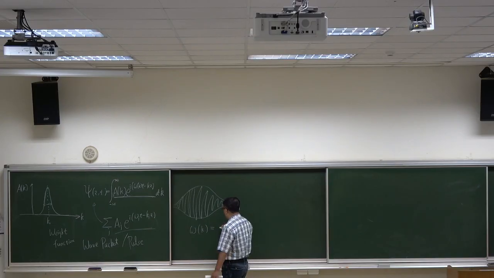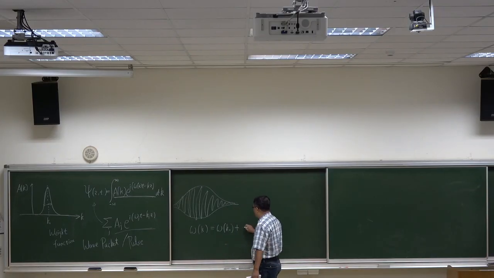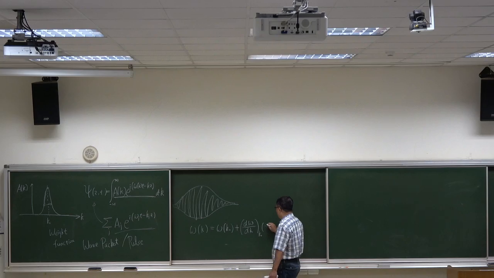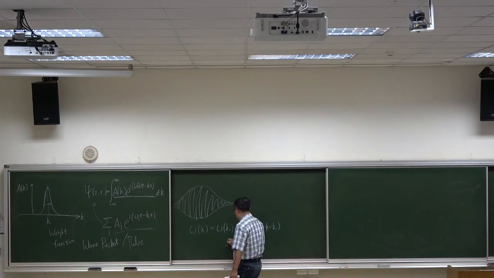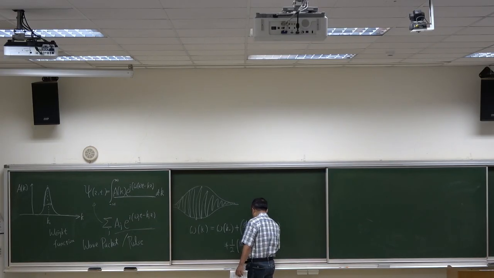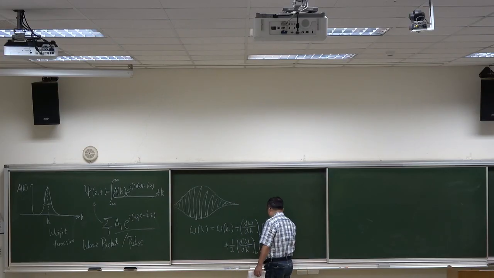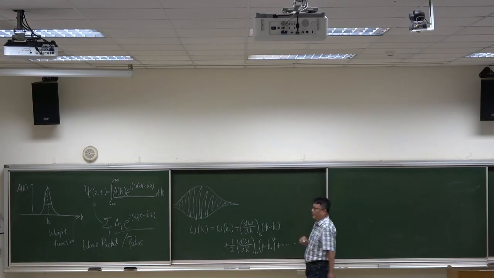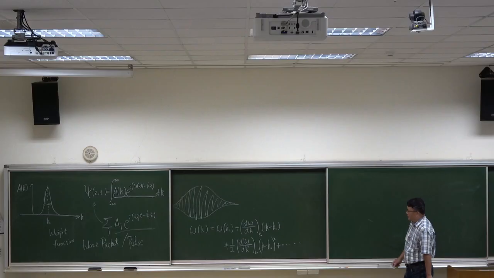We can write omega(k) as omega of k naught plus the derivative of omega, taking the value at k naught, times k minus k naught, plus one half the second derivative times k minus k naught squared, plus high order terms.